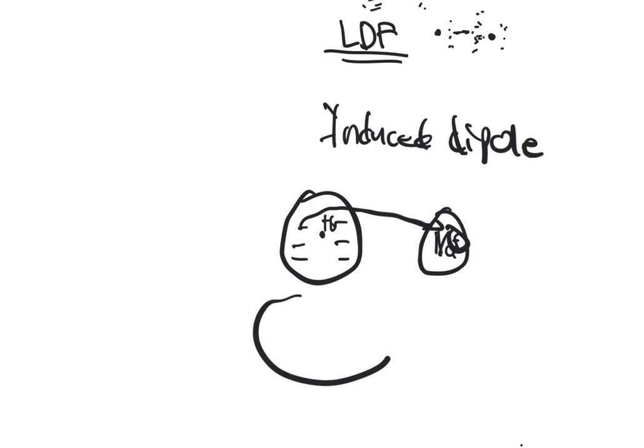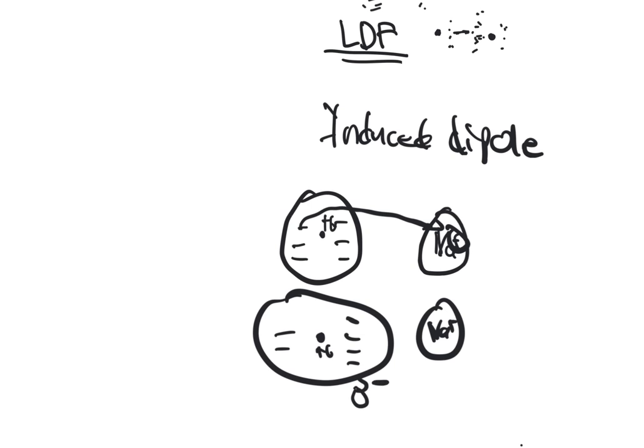So then that could cause this same atom with +6 charge in the middle to have 1, 2, 3, 4 electrons over here and only 2 on the left. So then there are going to be a few more electrons on one side than the other, and that's going to induce a dipole, a negative dipole on this side and a positive one on this side. And then that's going to hold these together a little bit more.